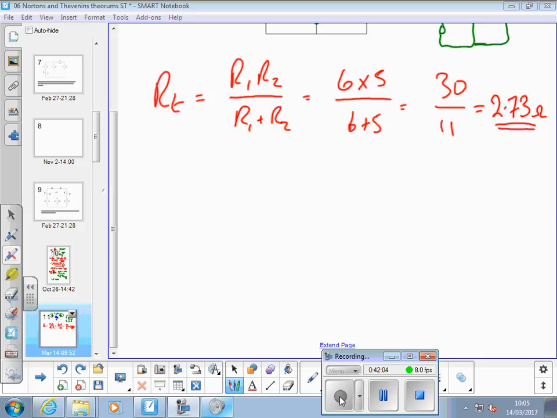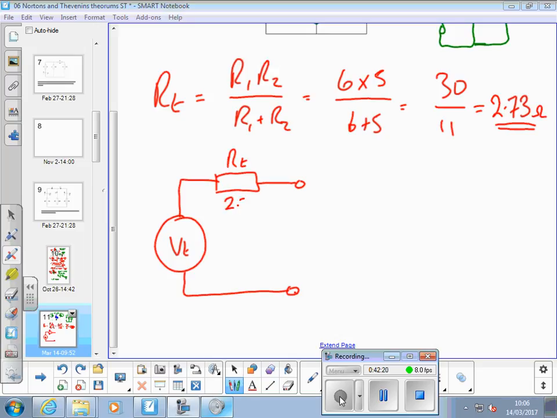So now Thevenin's equivalent, like so, with R Thevenin equal to 2.73 ohms.